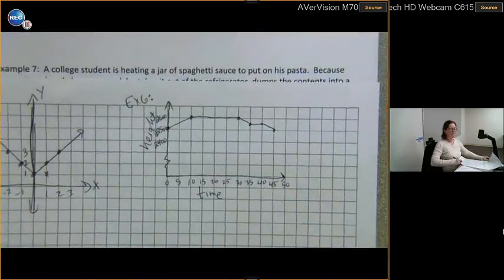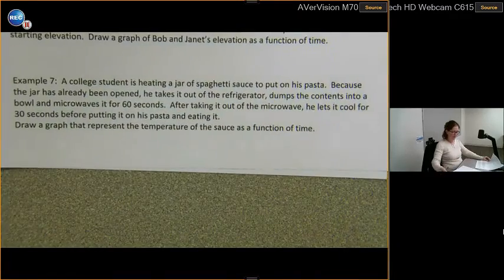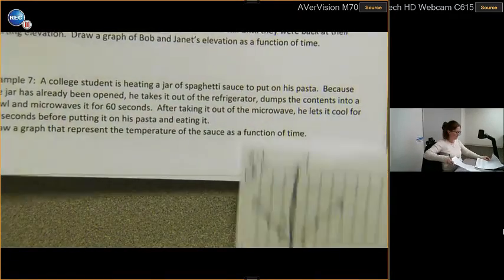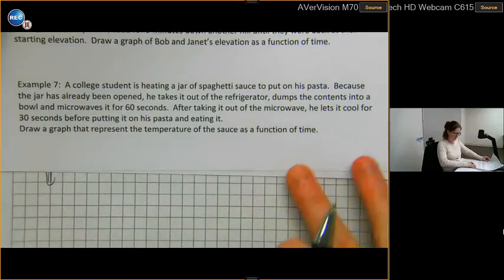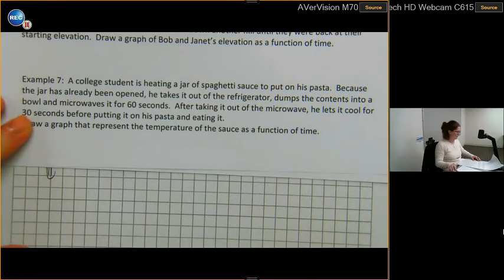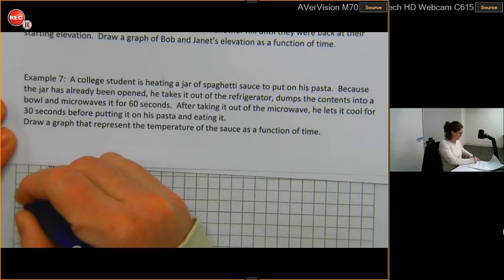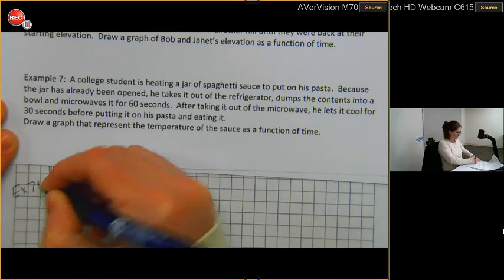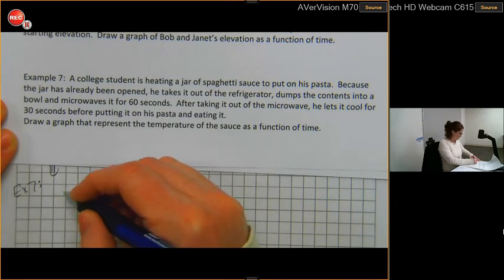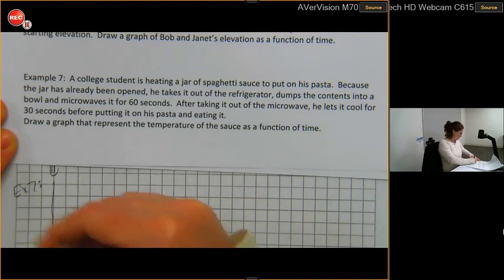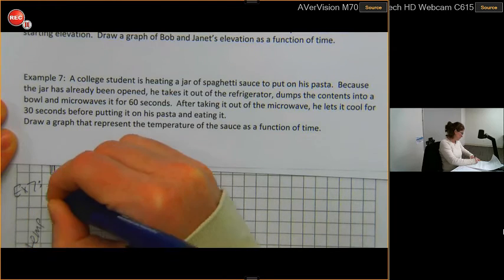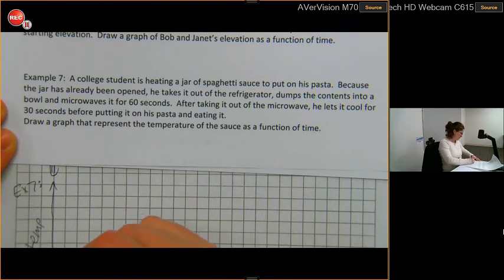Example 7. A college student is heating a jar of spaghetti sauce. So in example 7, we're going to be measuring temperature versus time. The jar's already been opened.